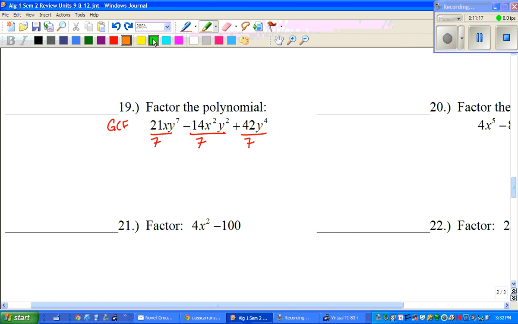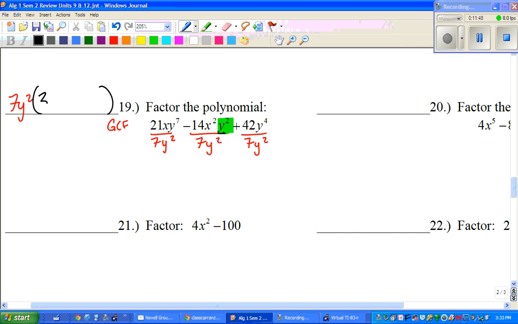But do they all have y's? They do. And so I'm looking for the smallest y out of all of those, because that means I can only take away 2 y's. All right? Now, your GCF does not disappear. That goes out front. Okay? And now we start to divide everything.